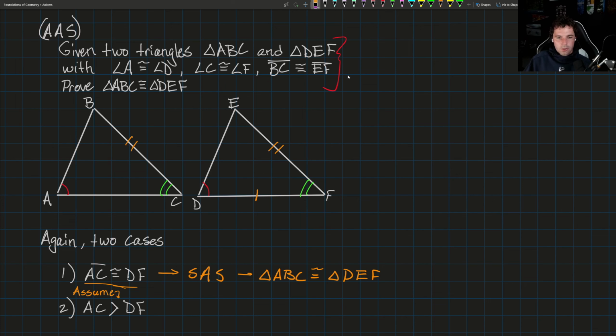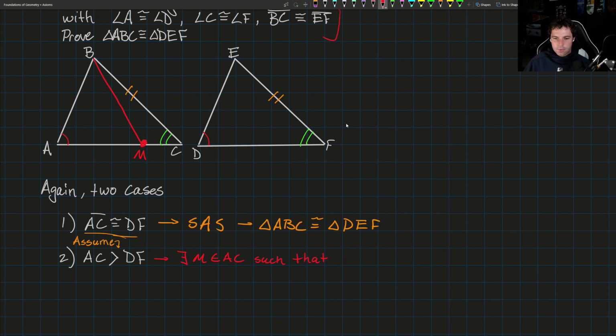So now we're going to get a picture a whole lot like the one above, right? So let's assume that AC is greater than DF, which means that there is some point on AC, which we will call M. And then we get that resulting triangle such that there exists an M on AC such that AM is congruent to DF.